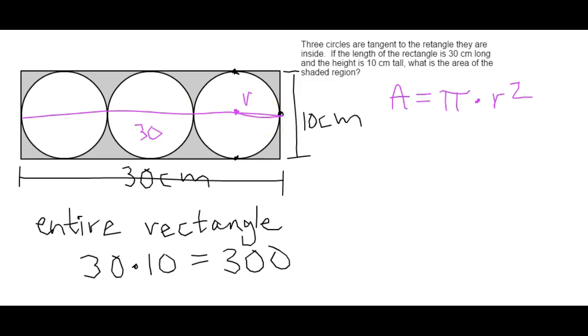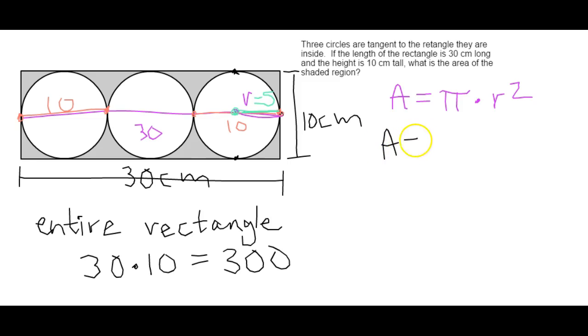And if we divide that in half, that would tell us the radius. So 30 divided by 3 gives us 10. That means the diameter across each circle is 10. Radius is half of diameter. So 10 divided by 2 is 5.